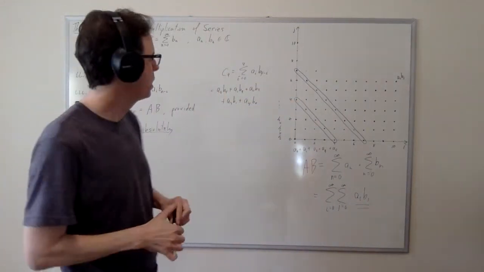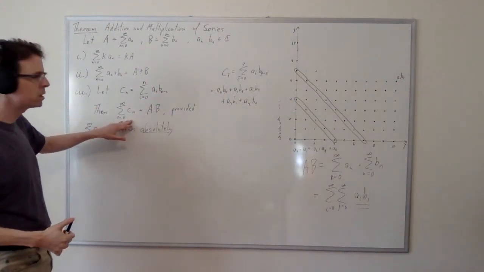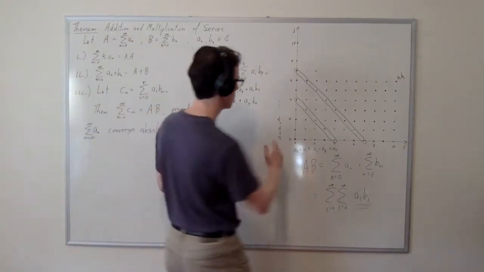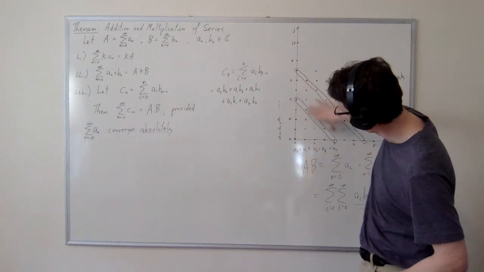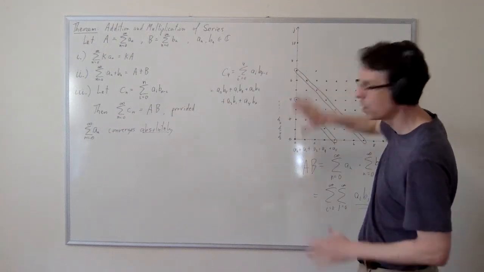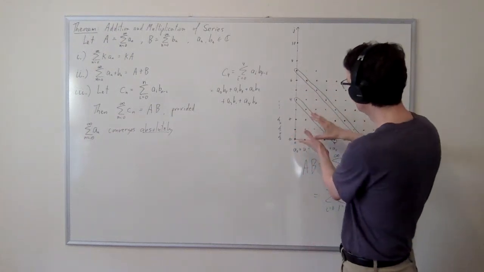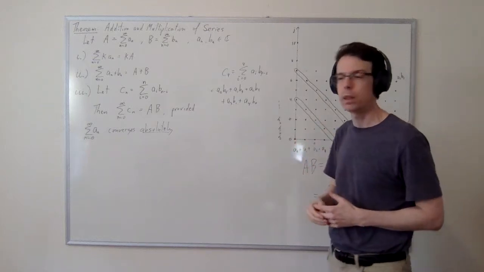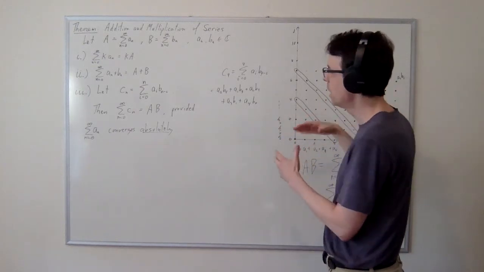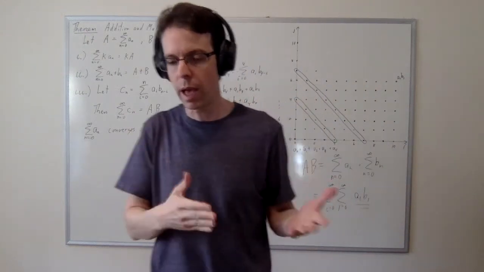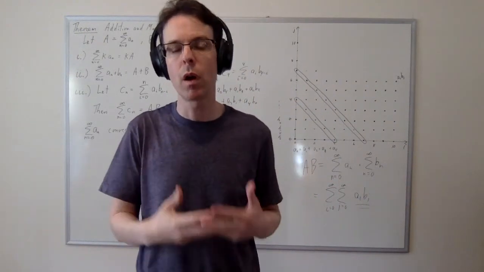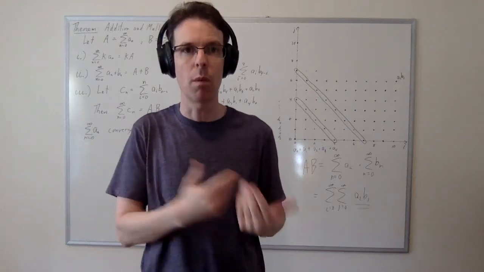Now, if we then produce the series of the c_n, what we're doing is we're taking c_0, which is this one, c_1, c_2, c_3, c_4, which is shown, c_5, c_6, c_7, and we're adding them all up. And you can see that in that summation of all of the c_n, every possible a_i b_j will be included somewhere. In fact, a_i b_j will be part of the summation that makes up c_(i plus j).